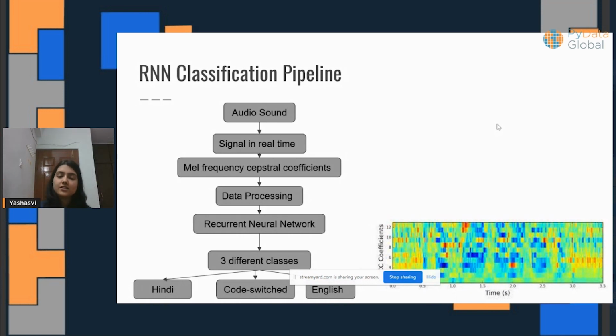Basically, it was cast into a NumPy array along with the labels, and then the data was normalized. After this, the RNN model was created using the long short-term memory, and then it classified the test dataset into the three categories. Here is a graph of the MFCC coefficients, which is plotted against the time.